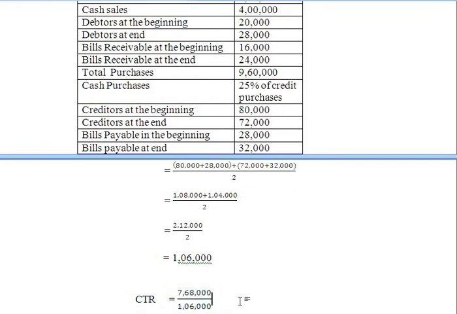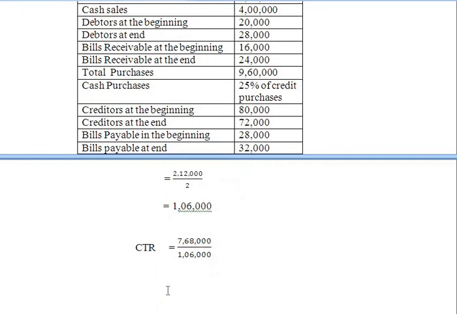Calculate this: how much will the answer be? 7.25. So the creditors turnover ratio is 7.25 times.